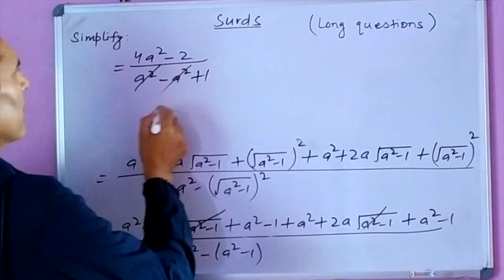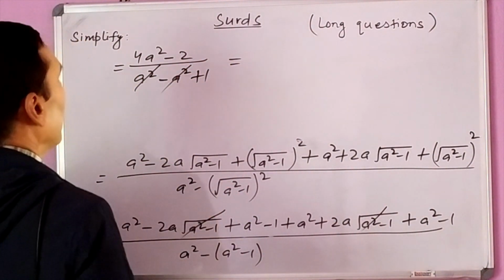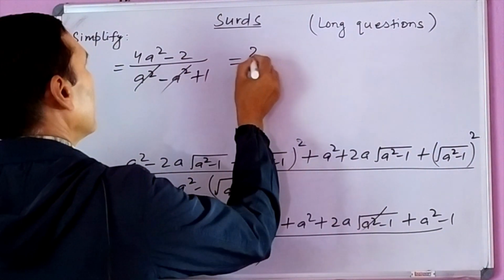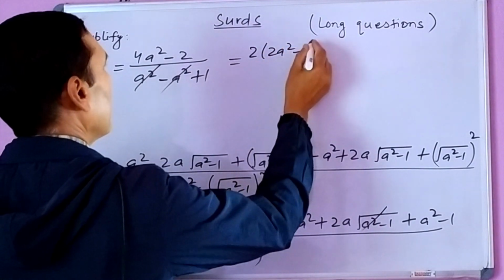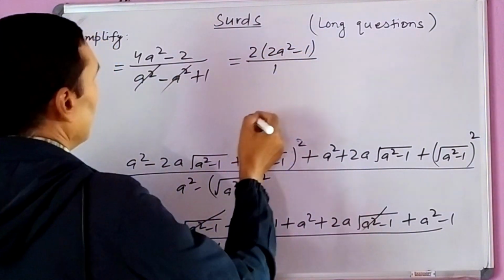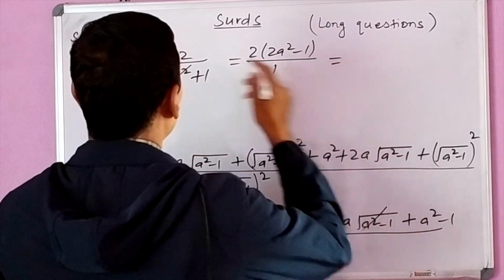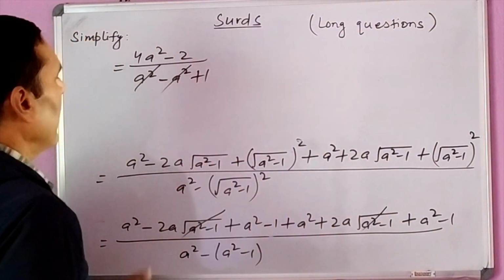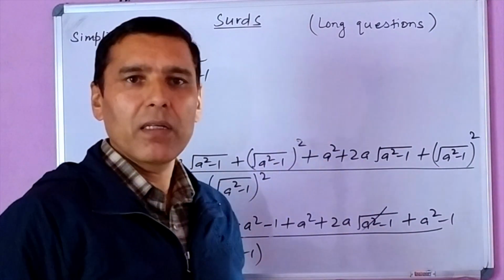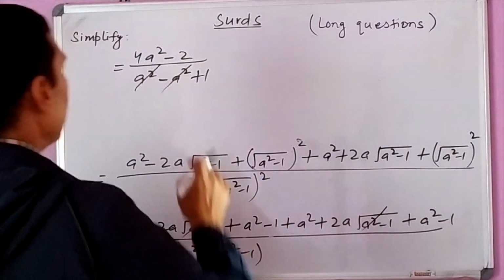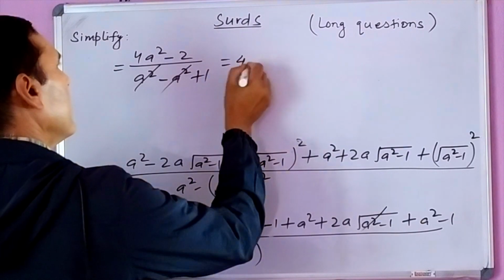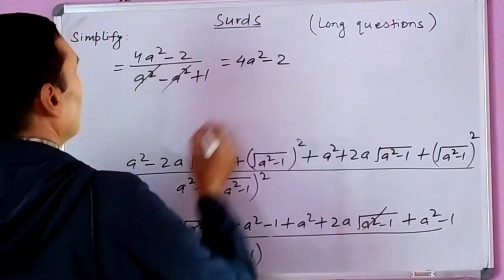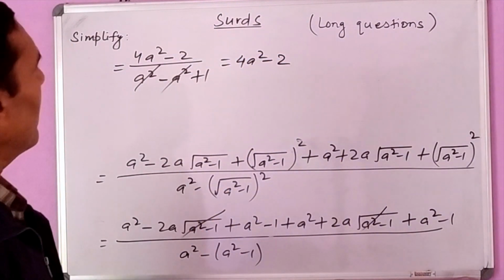So a square cancels. We can take 2 common there. So we get 2 times a square minus 1 in the bracket upon 1. It is simply this, or you can leave it as it is. It is not necessary to take the common factor here because there is nothing to be cancelled in the denominator. So we can leave our answer as it is, 4a square minus 2, because there is 1 in the denominator.